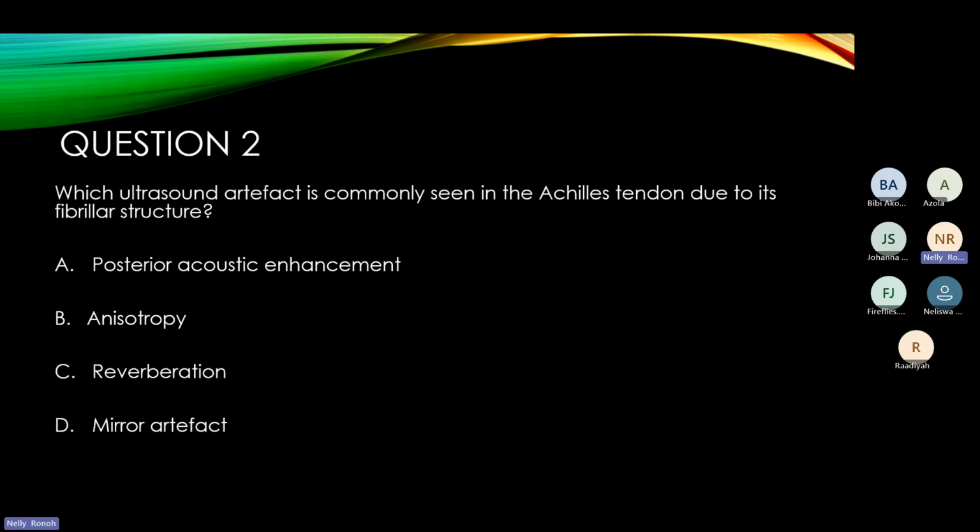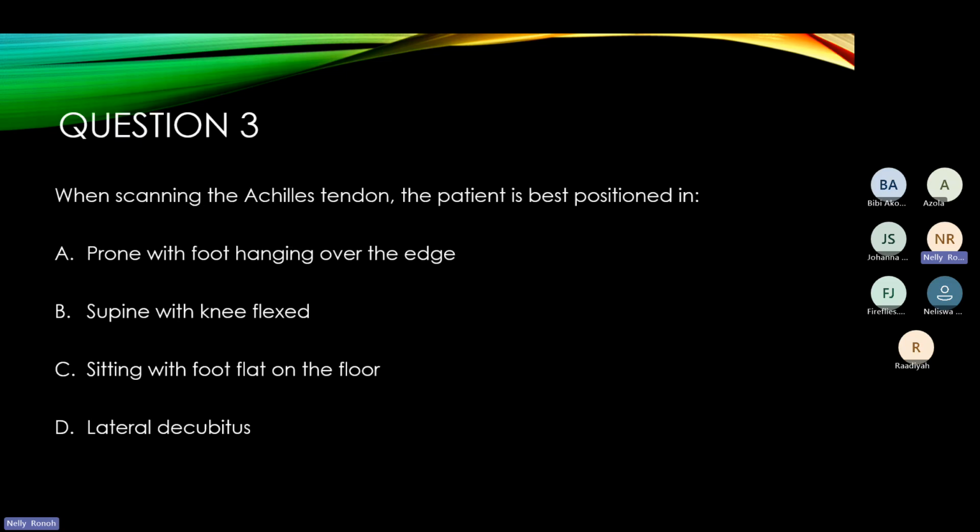Remember, the nerve would look like honeycomb, or fascicular, and sometimes they appear almost the same. But then you angulate your probe so that you create anisotropy. Then you can tell which one is the tendon and which one is the nerve, because the nerve will not have anisotropy. The reason there is anisotropy is the fibrillar pattern. The nerves do not have that fibrillar pattern like the tendons.